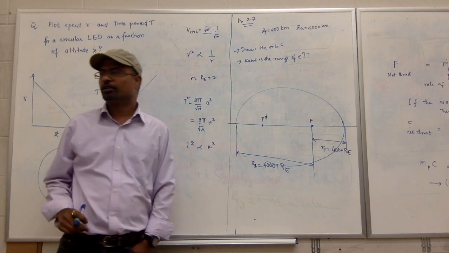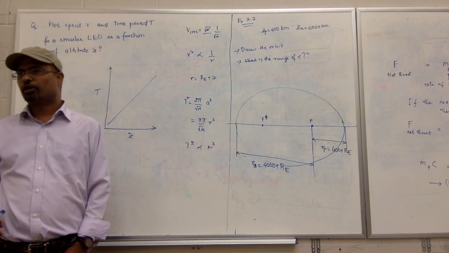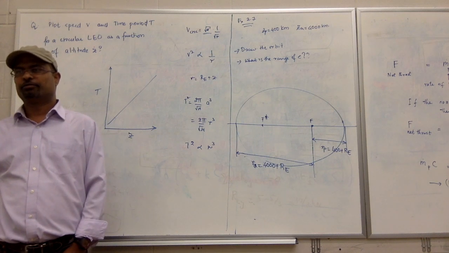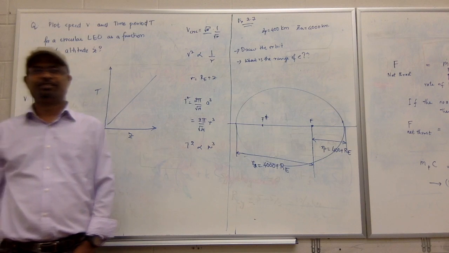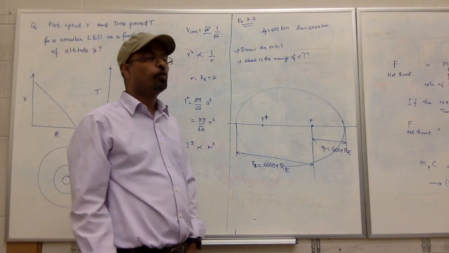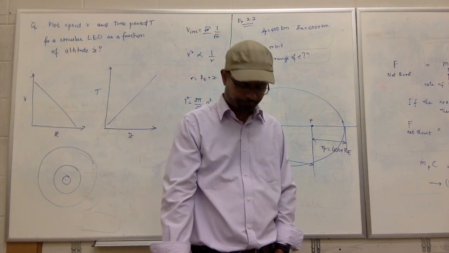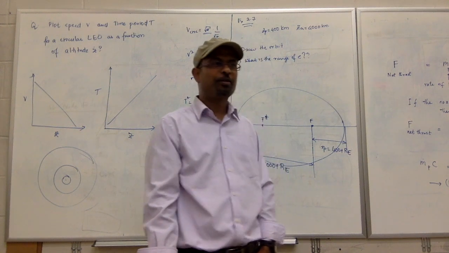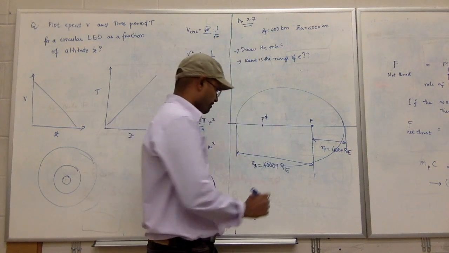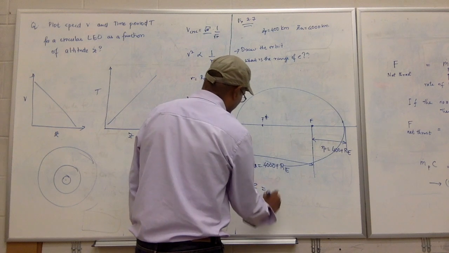Define E. Trick question. Eccentricity? Just write the equation. You're saying define what E is? In words, define E. Just square root of 1 minus b squared over a squared. What do you know E is?